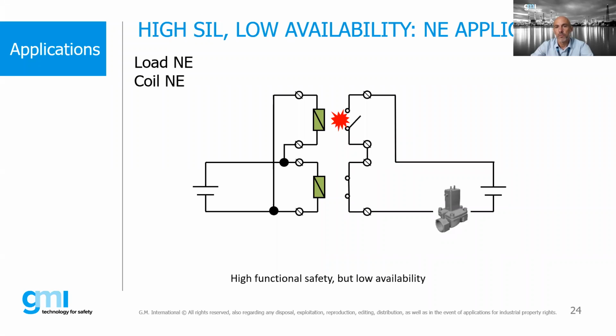Remember, this was the configuration for SIL3 for safety, for the energized load, but the availability that I reach by using this kind of configuration is low, because if one relay fails, I go to a spurious state. It means that I de-energize my load without any real safety situation, and I stop my plant because one relay failed. So high safety but low availability.